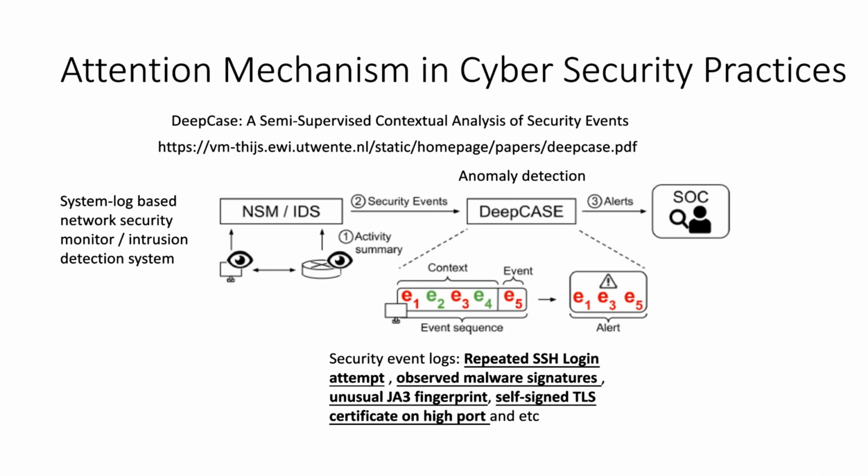The log can be a repeated SSH login attempt, which can be totally benign because I forgot my password, so I tried again. Or you could have an observed malware signature, which is malicious. So logs can be benign or malicious. The only thing that matters is the combination of logs. You put several logs in a time series, and this time series of logs means something.